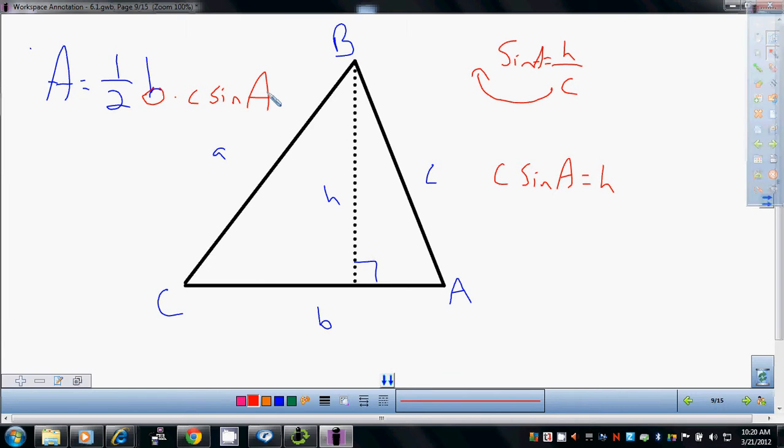The area of my triangle is 1/2 bc sine of A. It's a b, I just accidentally wrote it wrong. 1/2 bc sine A.